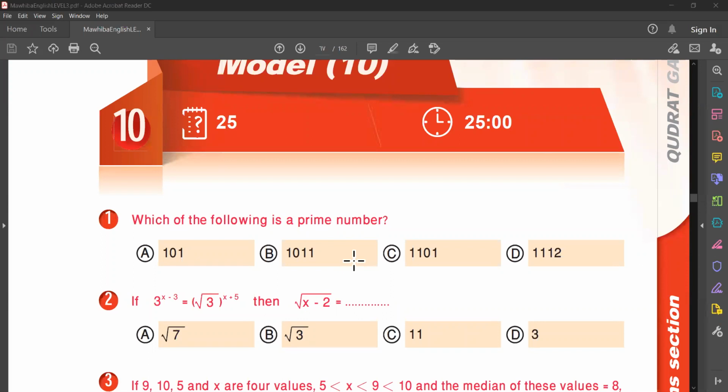Can you also give me an example of an even number? Right, Al Hassan, yes, 2, 4, 6, and 8. What about an odd number?